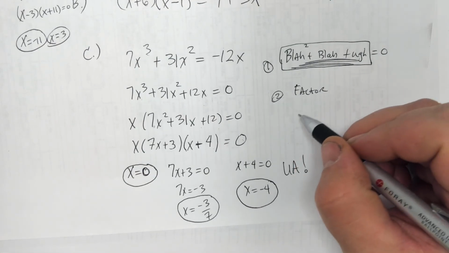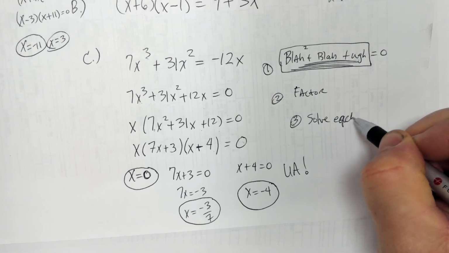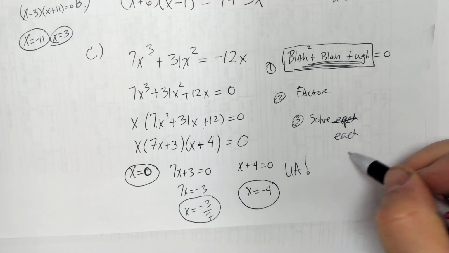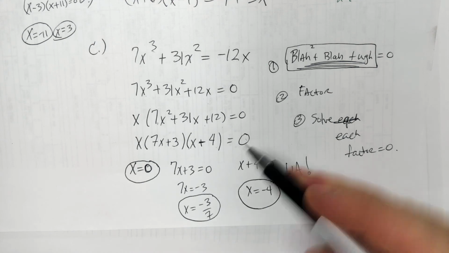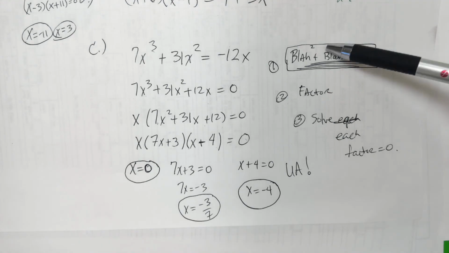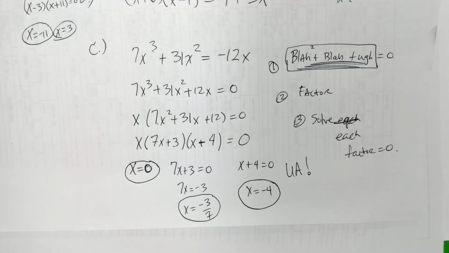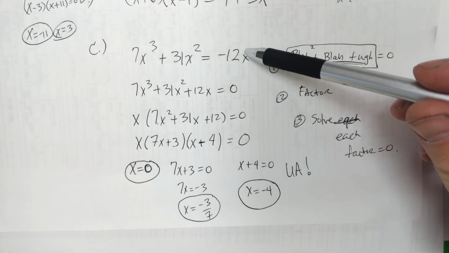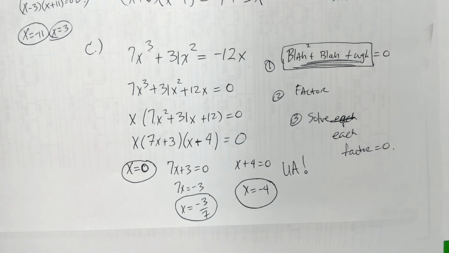Step 2, you factor, and then you solve each factor after you set them equal to 0. Just like we did right here. So these are the steps for all of them. This is the big idea. The individual work will look different because the problems are all different, right? But get this equal to 0 first, then you factor it, and then you set each factor to 0, and you're done. Ooh, what? Wow.